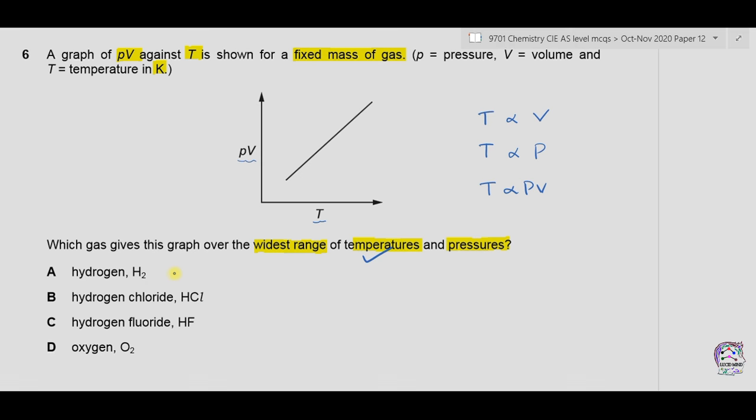In the options, we have hydrogen, which is a small molecule, HCl gas, which has partial charges, HF, which has hydrogen bonding, and the oxygen molecule, which is larger than hydrogen.